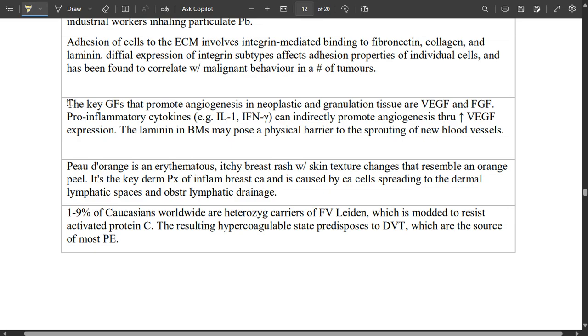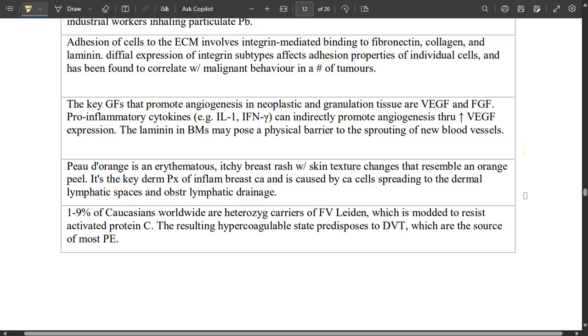So pro-inflammatory cytokines, interleukin-1 and interferon-gamma, can indirectly promote angiogenesis through increased VEGF expression. These cytokines increase the VEGF expression by the cancer cells, therefore there is more neovascularization into the cancer cells.